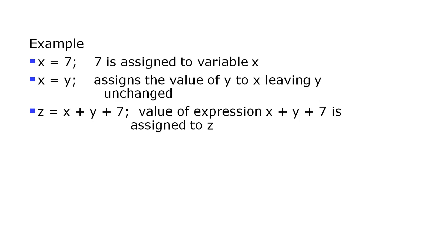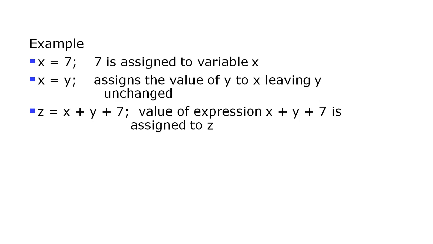And then z is equals to x plus y plus 7. The value of the expression x plus y plus 7 is assigned to z. So here the value of x is 7 and the value of y is also 7, and again here we are directly giving the value 7.